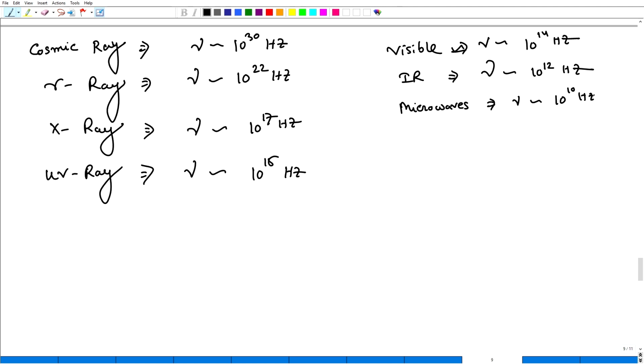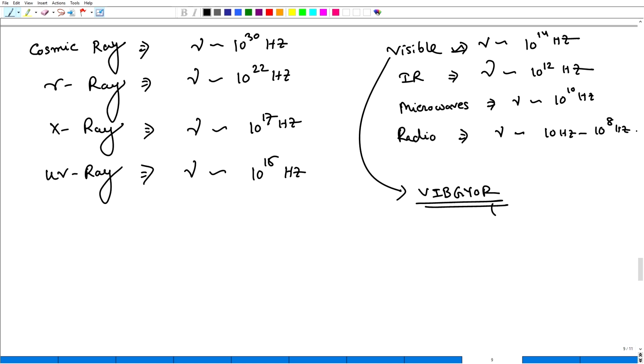Radio wave has a very large range, around 10 hertz to 10 to the power 8 hertz. So this is the scale, and in visible this varies from violet to red according to the picture. The wavelength of red light is around 700 nanometer. So this is our electromagnetic waves.